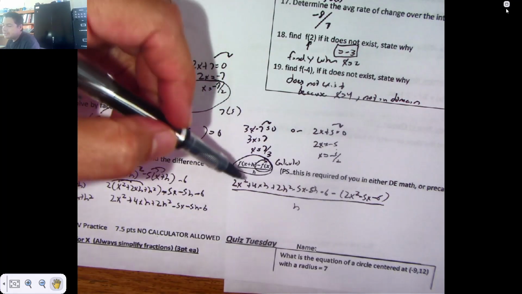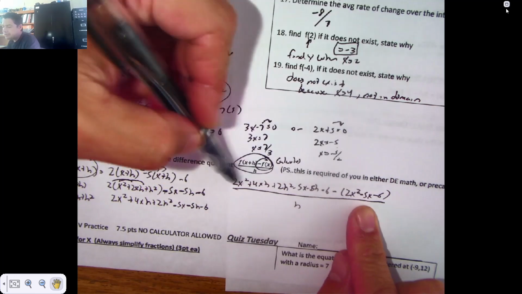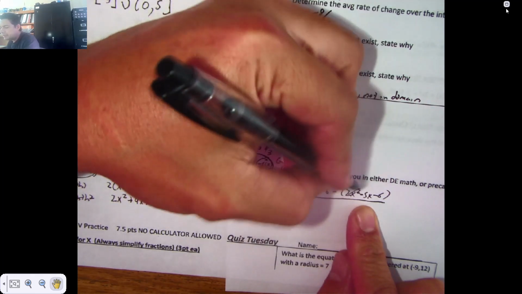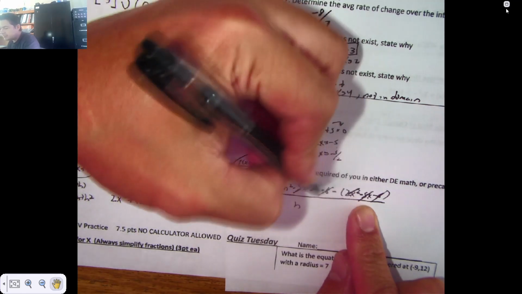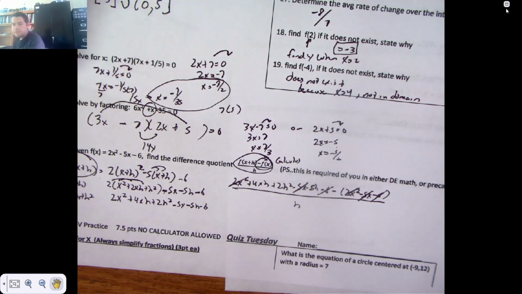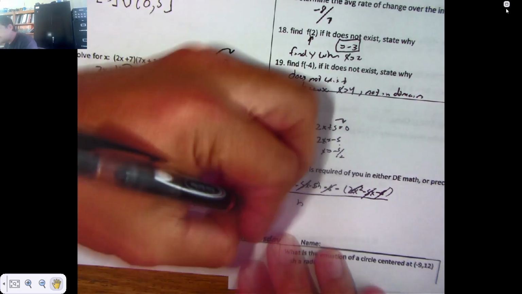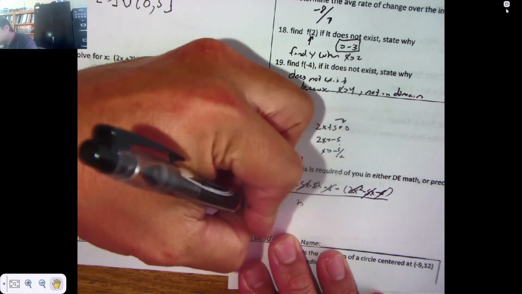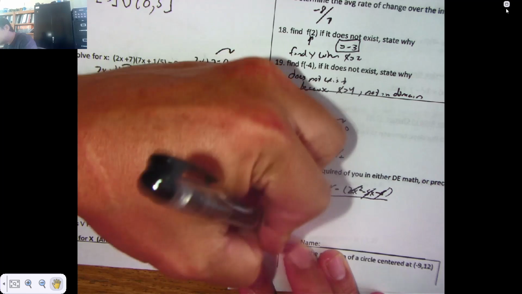And then things are going to cancel out. Whatever is here disappears from over here. So there's a 2x squared, they cancel. There's a -5x, they cancel. There's a -6, they cancel. It always cleans up like that. Whatever's in here, you throw away. We have 4xh plus 2h squared minus 5h, all sitting pretty over an h.